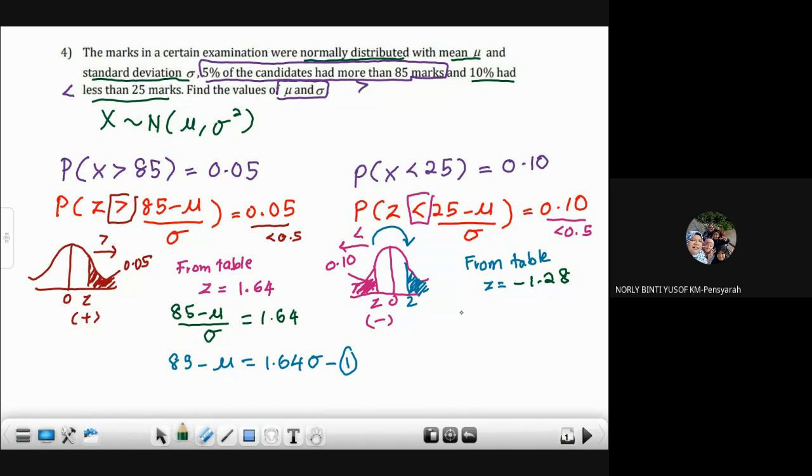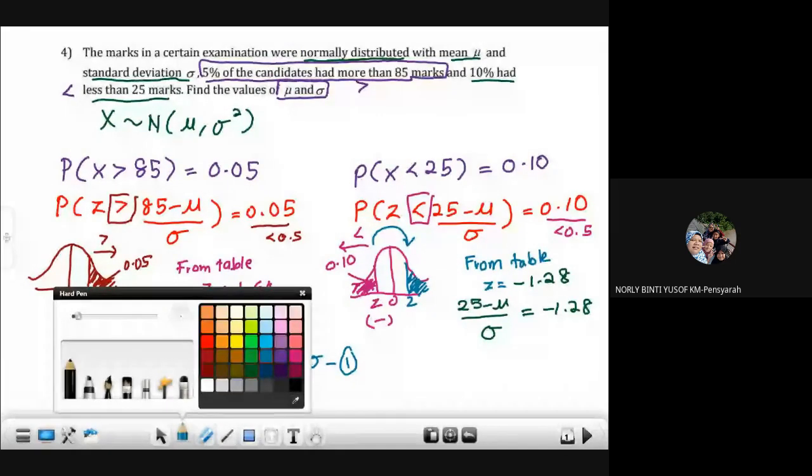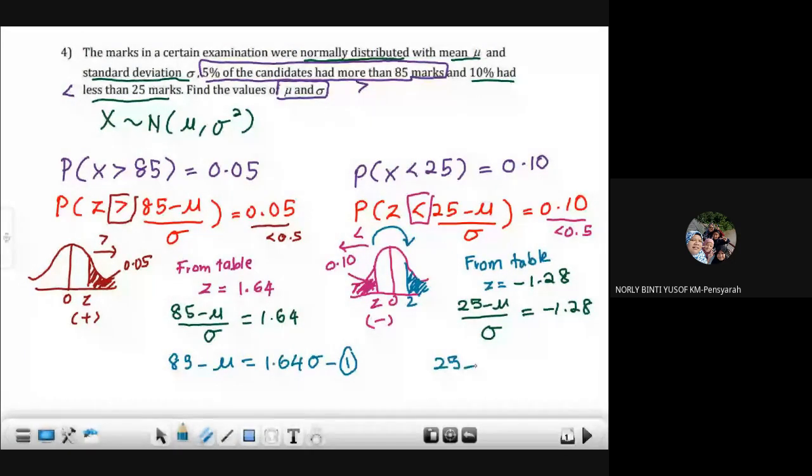Okay, so then for the Z score, the standard score Z, you equate 25 minus mean over standard deviation equals negative 1.28. Similarly, you will get the second simultaneous equation in the parameters mean and standard deviation.